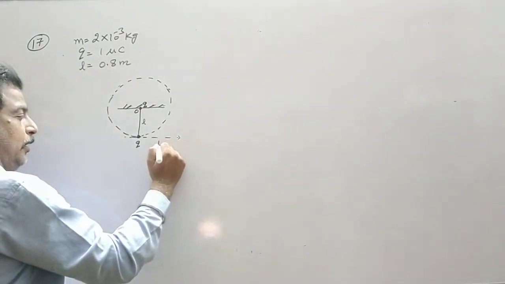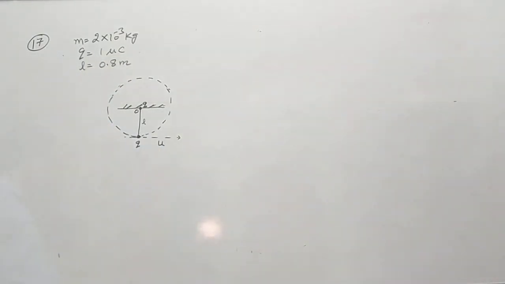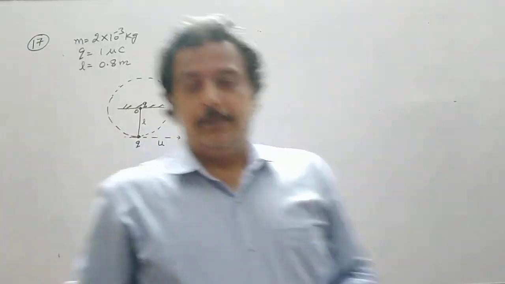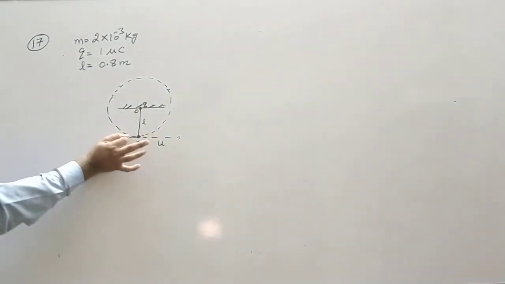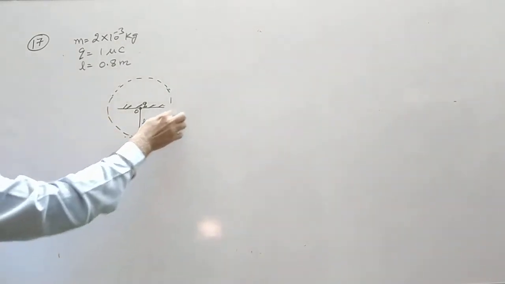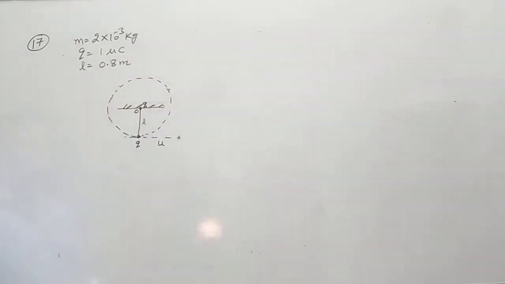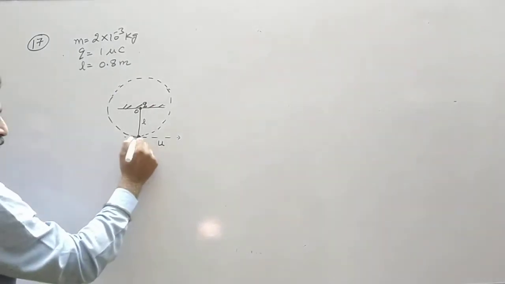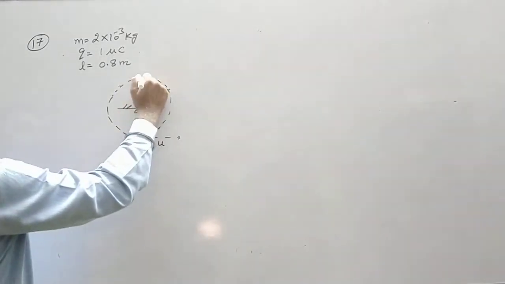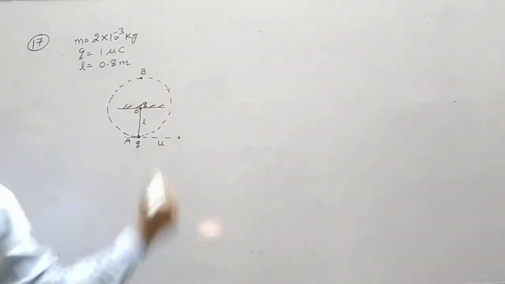So let the minimum be U, that is the initial velocity. Now if we give the velocity to it, when it comes to this point, let A be the lowest position and B be the topmost position.